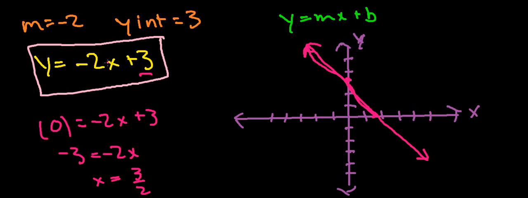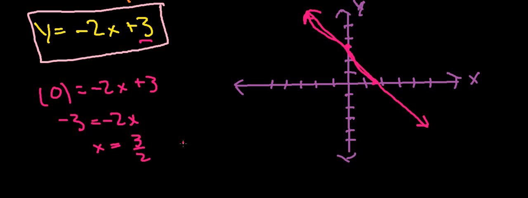Let's say I replaced x with 0 because I forgot that to find the x-intercept, you're supposed to replace y with 0, because when the line crosses the x-axis, y is 0. Well, let's say I mixed it up and I forgot. So y is equal to minus 2 times 0, plus 3.